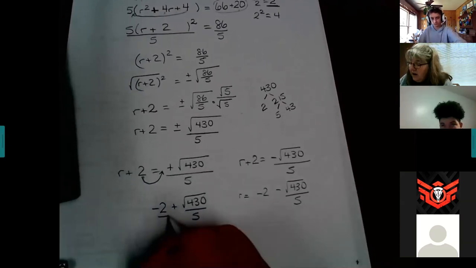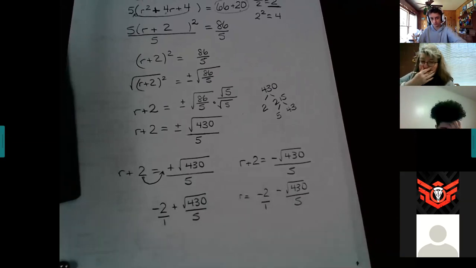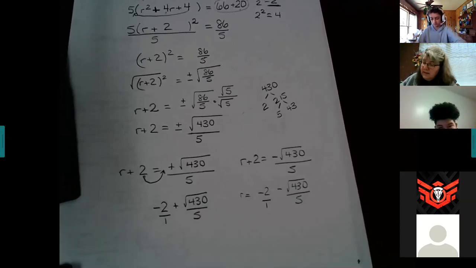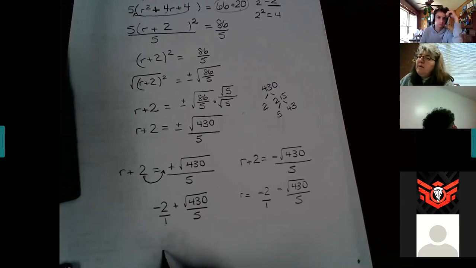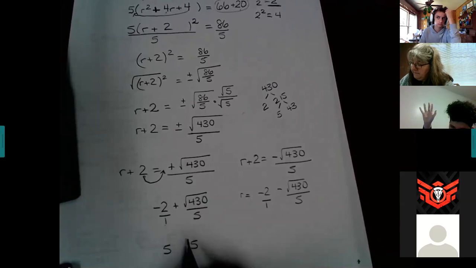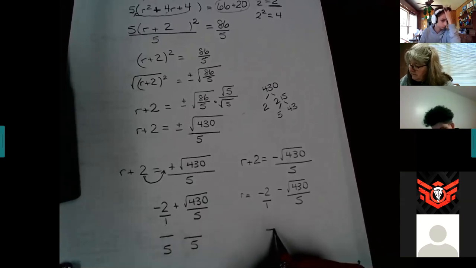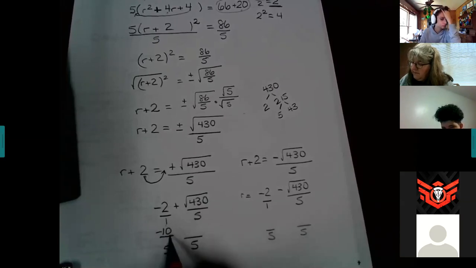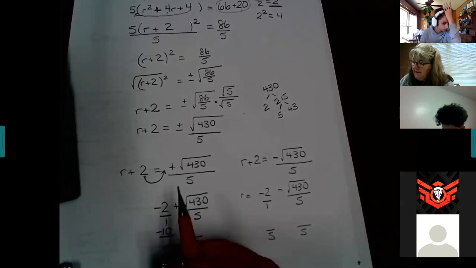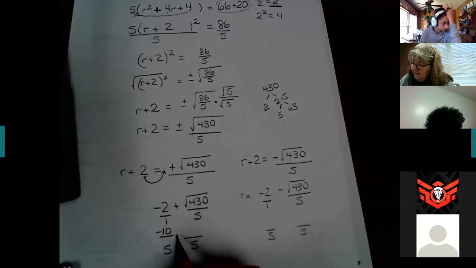I have to have a common denominator. So what's the common denominator of 1 and 5? Common denominator is the smallest thing they both go into. Got to be 5. -10 over 5. Yep, -10 over 5. You multiply the 1 by 5, so you got to multiply the 2 by 5.